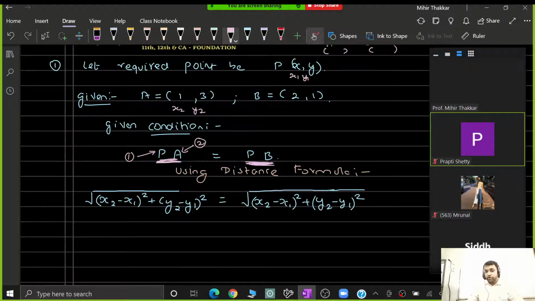When you are working for PB, again P is the first and B is the second. Therefore, again P will be x1, y1 only, but this time x2, y2 will be your B coordinates, which is 2 and 1. So carefully do a substitution in their respective places on both the sides.